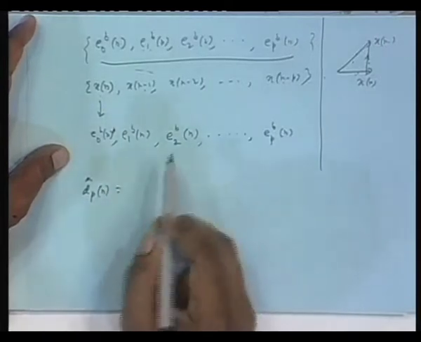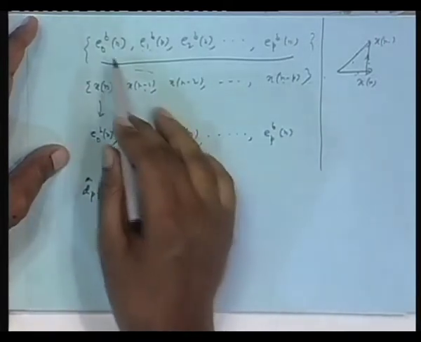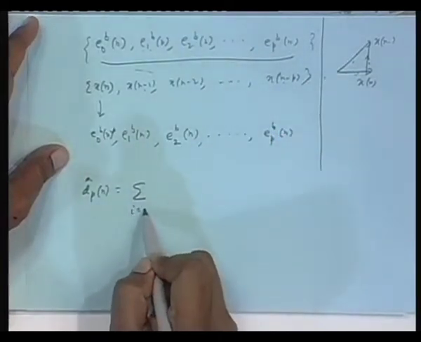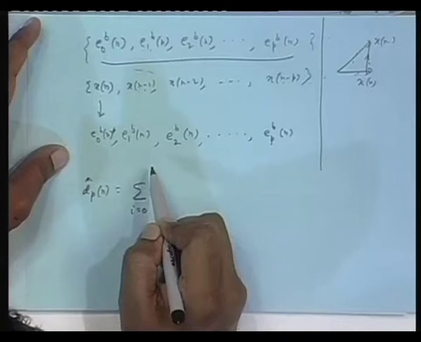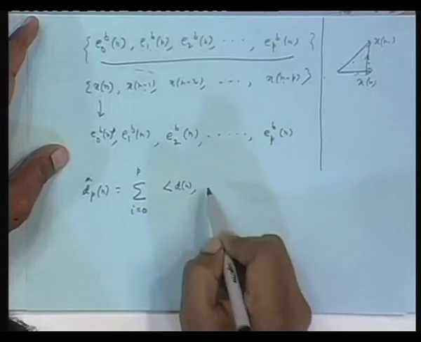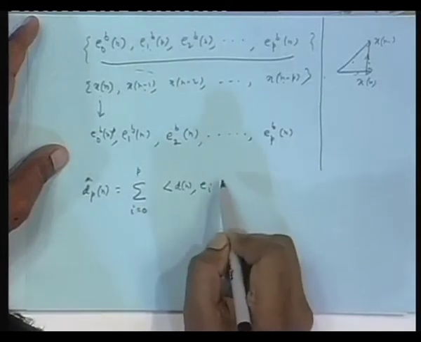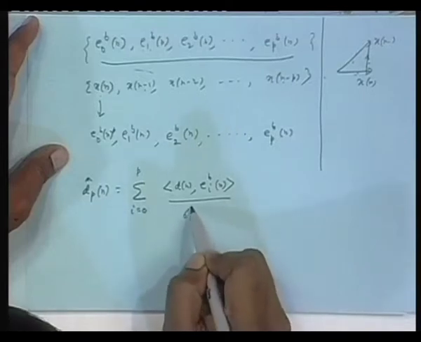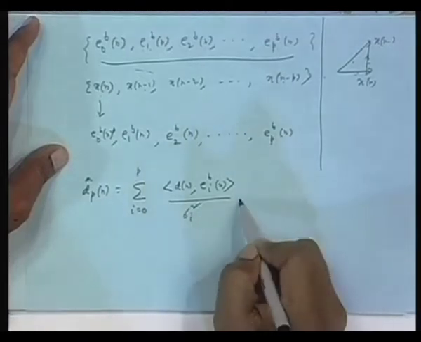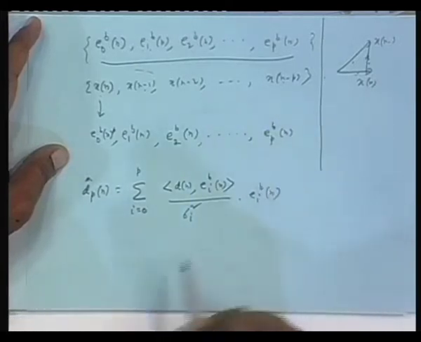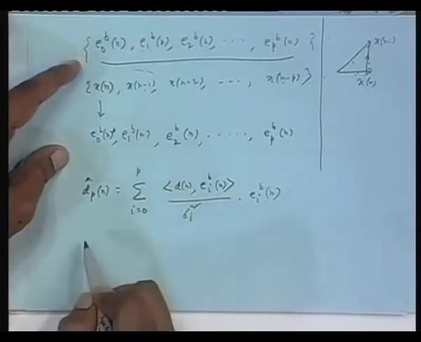This is nothing but a linear combination of these terms, sum over I equal to 0 to p of d n with E I B n divided by sigma I square, and recursively d p plus 1.